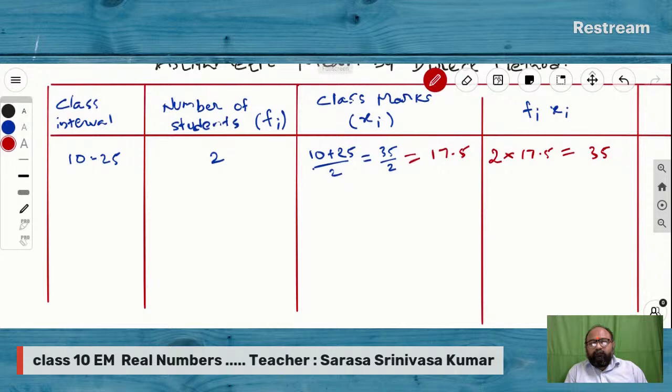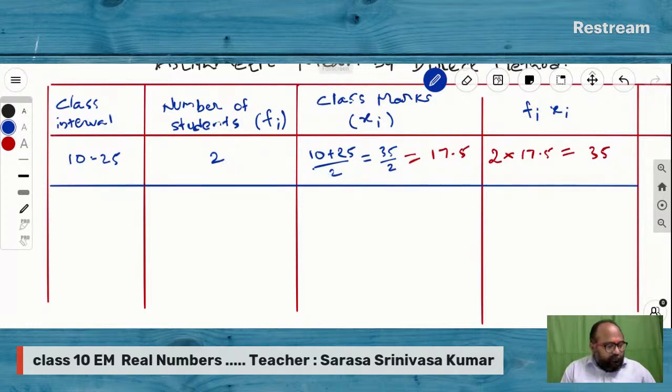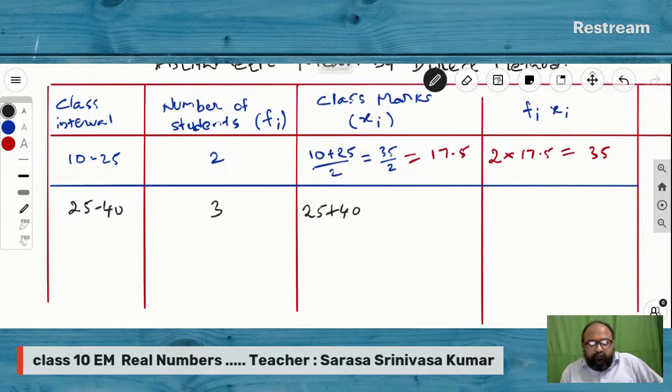Now we consider the second interval 25 to 40. In 25 to 40 interval, number of students equal to 3. Now class marks xi is calculated by 25 plus 40 by 2. This is equal to 65 by 2, that equal to 32.5.